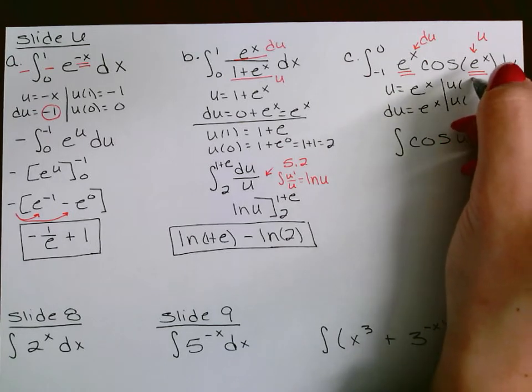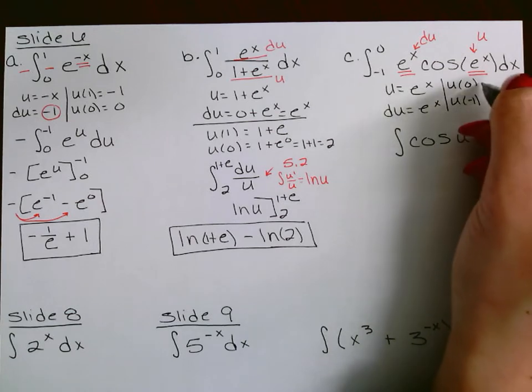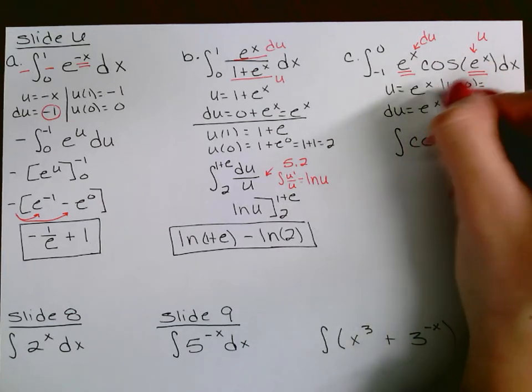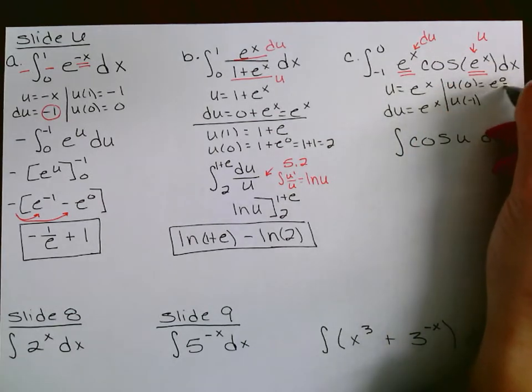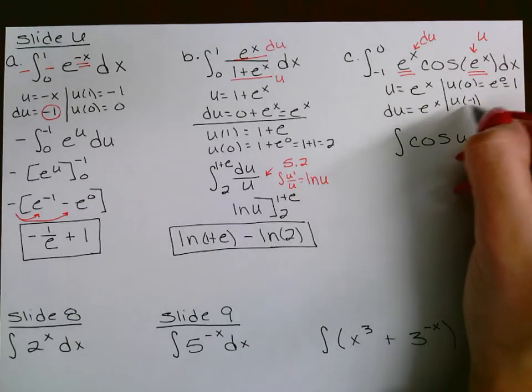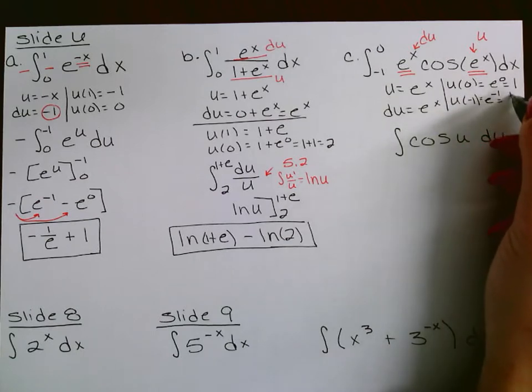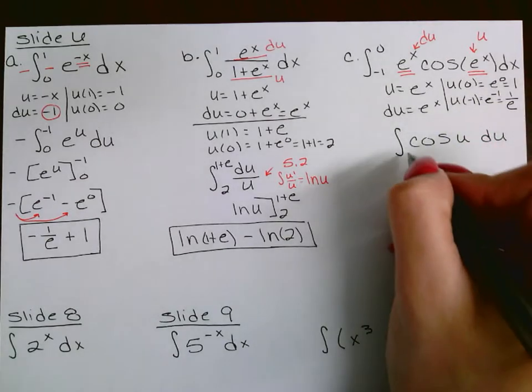Yes, we have to find u, a, and b. So I'm going to plug in 0, and then I'm going to plug in negative 1. So e to 0 is 1. And then putting in a negative 1, e to the negative 1, 1 over e. Beautiful.